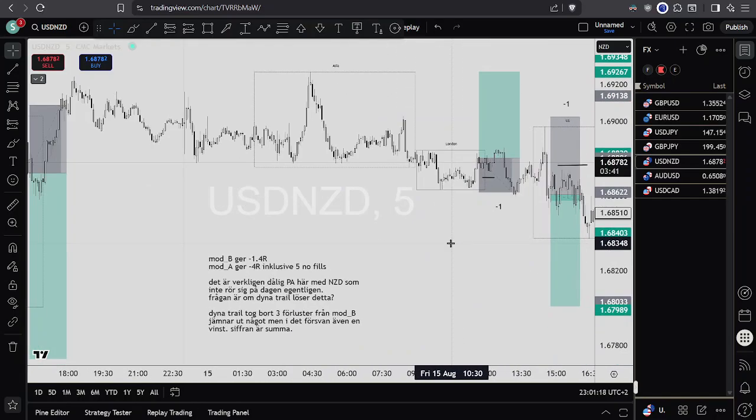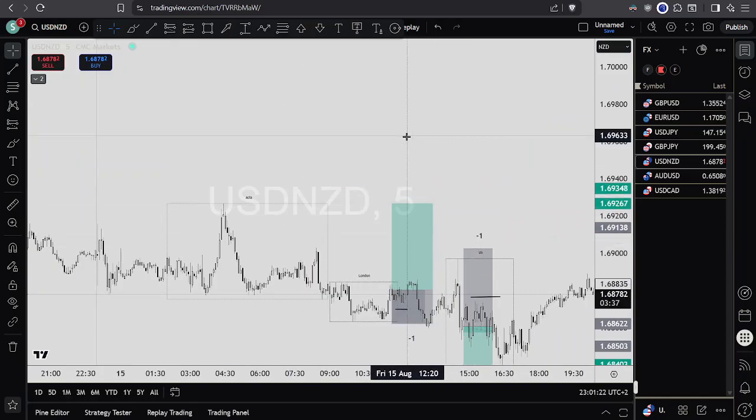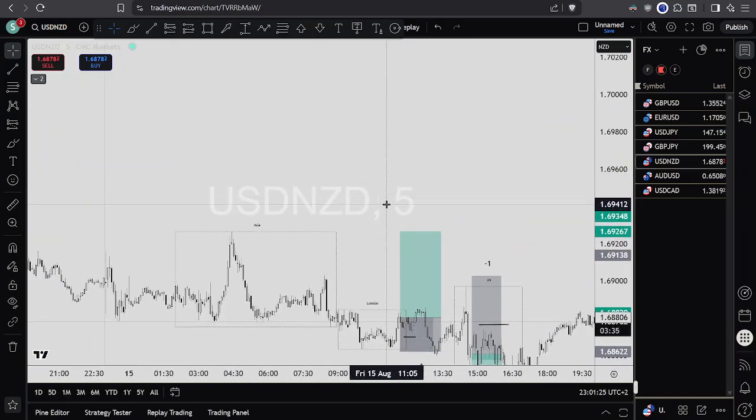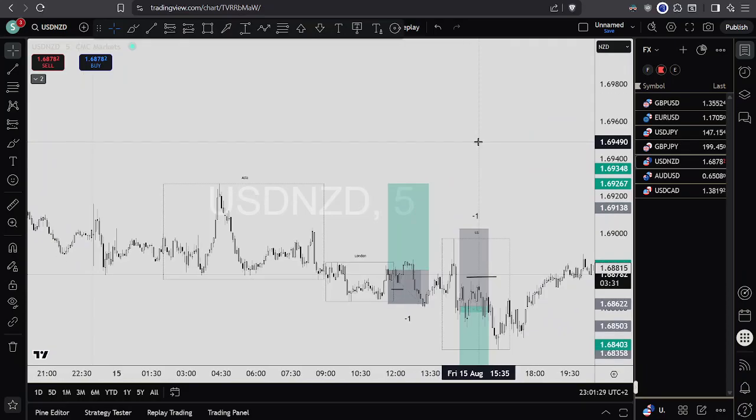And one thing about this pair, dollar and Kiwi, is I'm thinking perhaps the system doesn't perform as well here, because I'm placing trades during London and US, and if you see here, for example, Asia is quite strong.